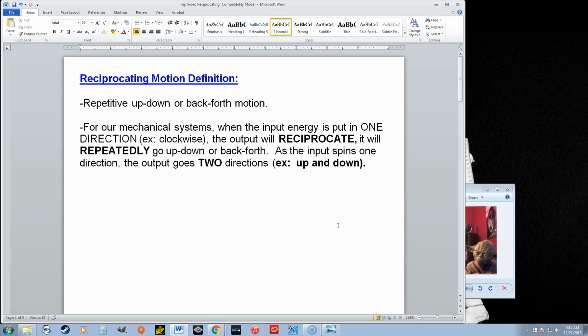The output will repeatedly go up and down or back and forth. As the input spins one direction, the output goes two directions. For example, up and down.